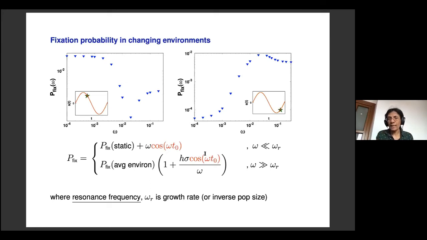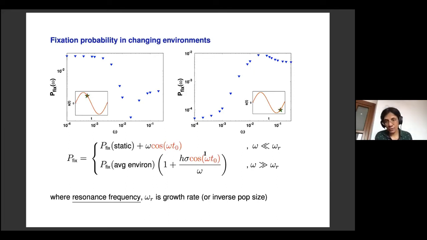The point here is that there is a resonance frequency at which the fixation probability has a minimum or a maximum, and in the region around which the answers are very different from the static environment case.